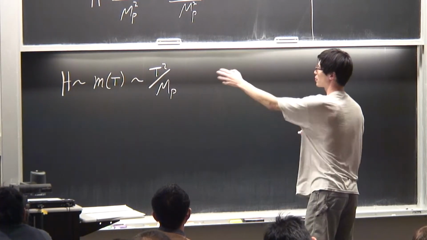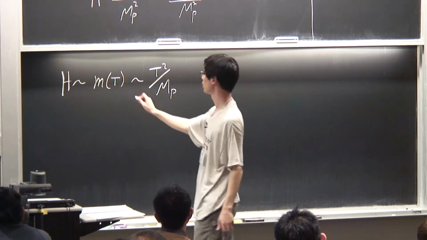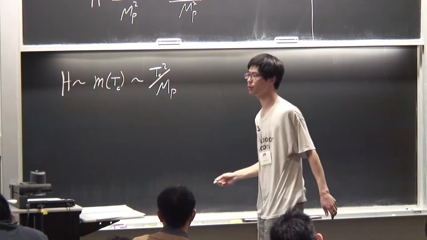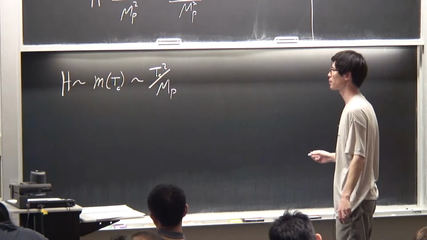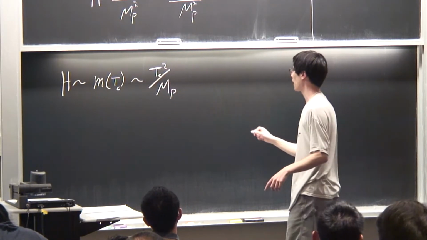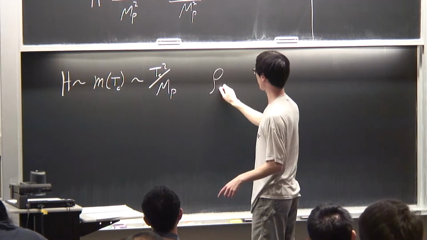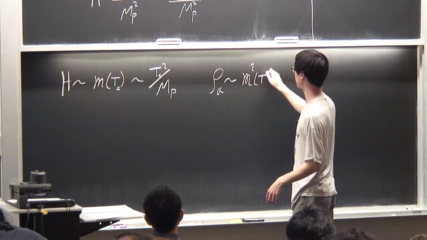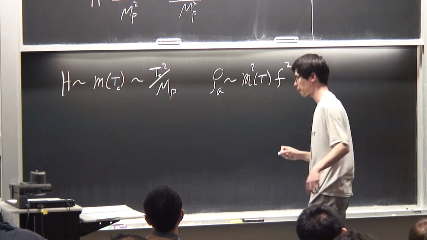Okay, so there's some temperature, let's call it T critical, when the Hubble mass is equal to the axion mass. So at this point, what is the energy density in axions? Rho A is m squared of T times F squared.